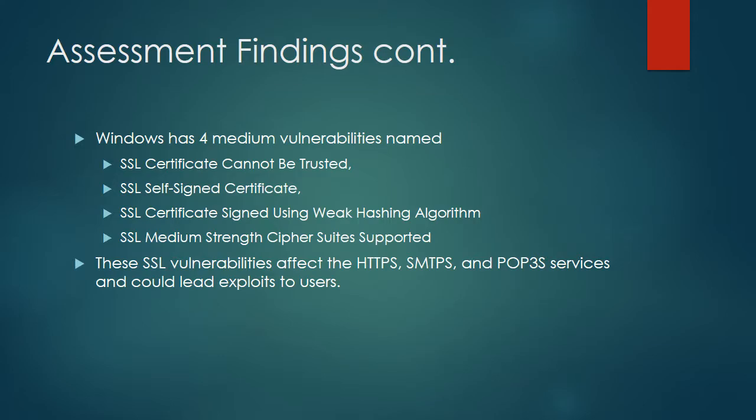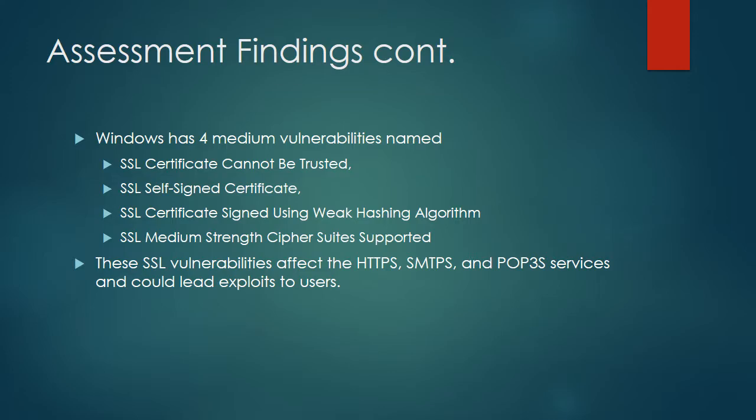Continuing on with assessment findings, we have the Windows server, which has 4 medium vulnerabilities. The first two are the same as the Linux vulnerabilities: SSL certificate cannot be trusted, and SSL self-signed certificate, which is also not trusted by the public host.